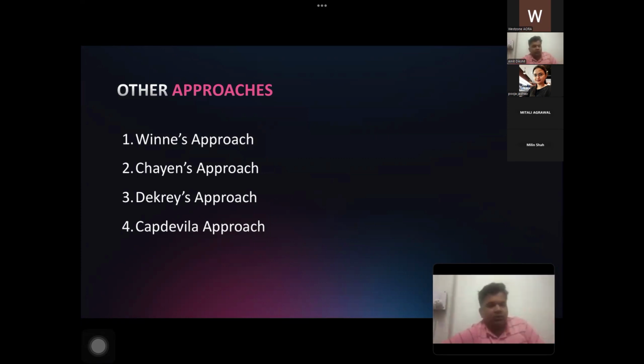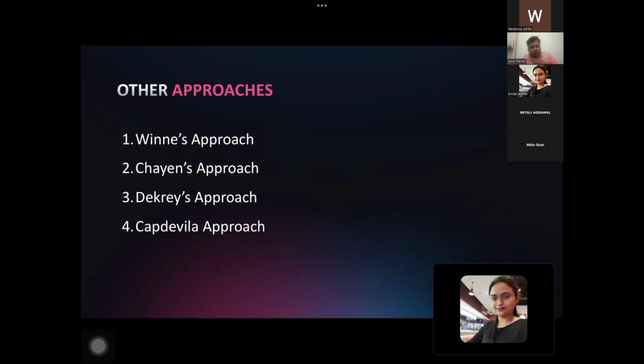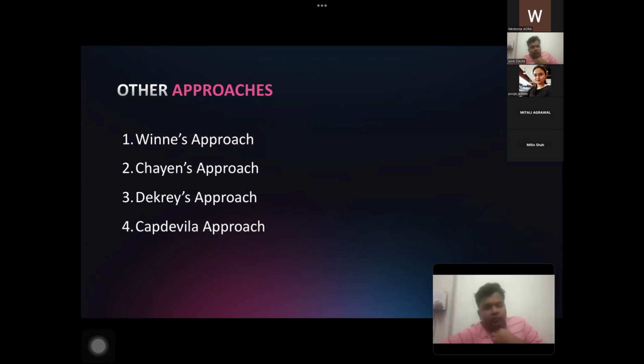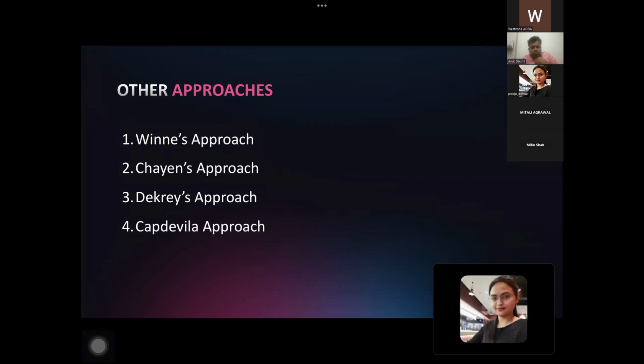Now, suppose you don't get a twitch in that approach, what will you do? We should not go beyond 1.5 to 2 centimeters beyond the transverse process.